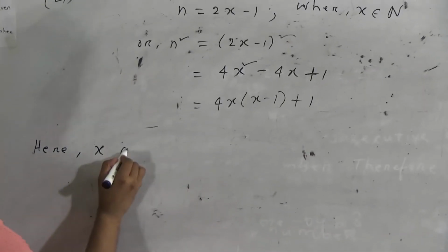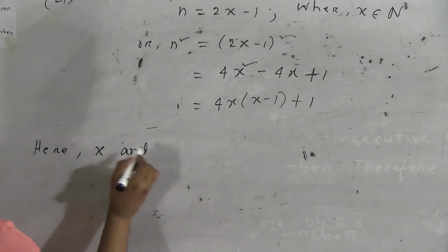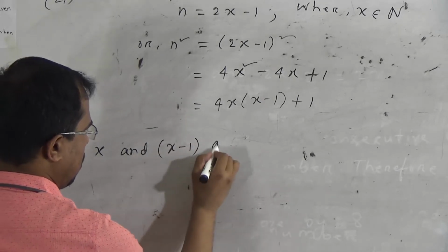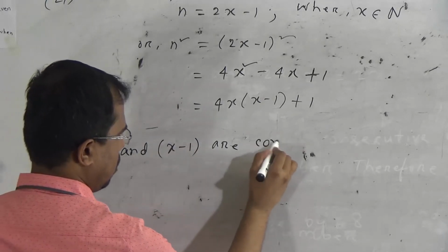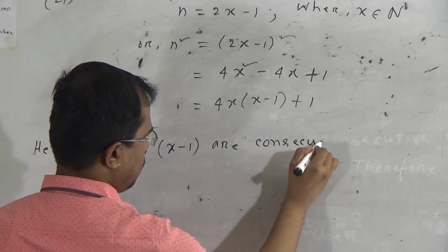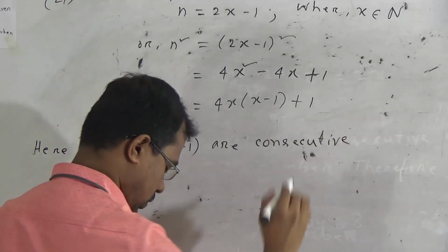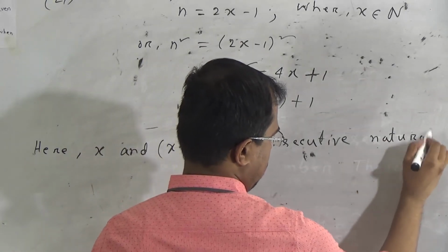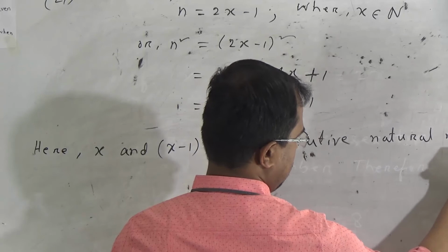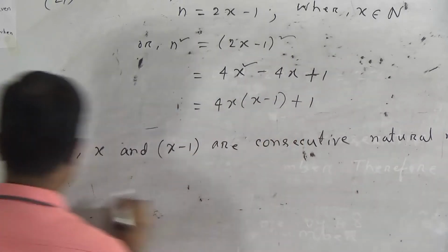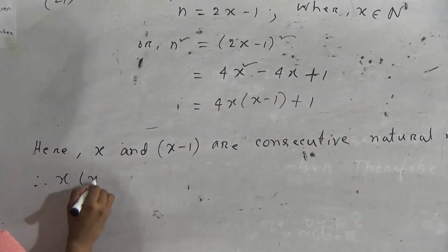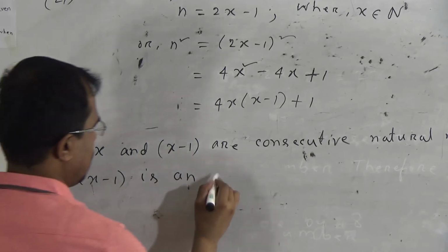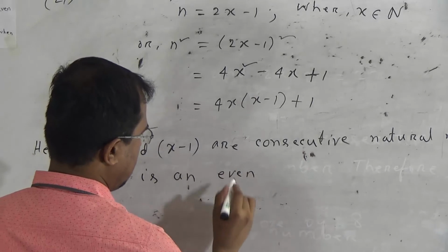Here x and x minus 1 are consecutive natural numbers, and therefore x into x minus 1 is an even number.